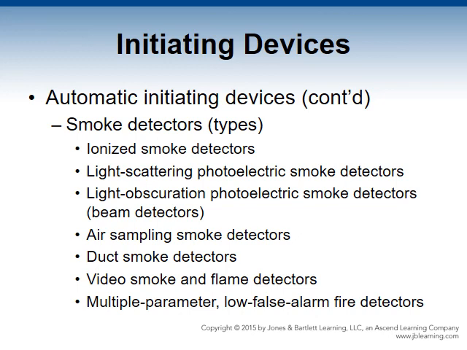Also, you have multiple parameter, low false alarm fire detection analysts and components, where physical and chemical components detect gas and materials against profiles of real components. The goal here is to increase the system's reliability and decrease false alarms. They were introduced in 2005.